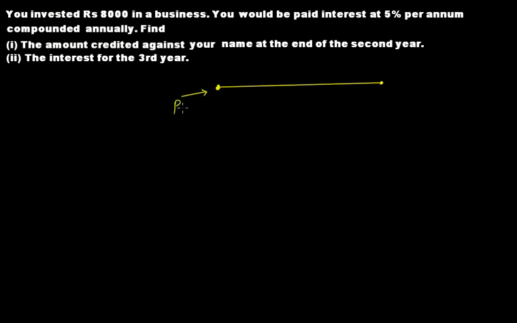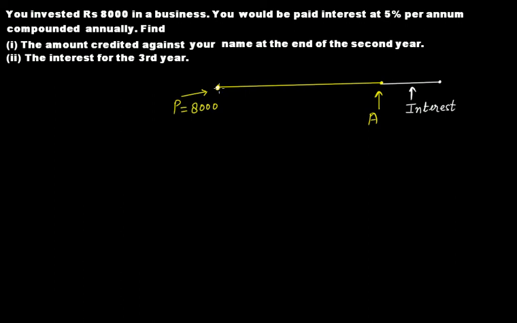So your P, that is principal, is 8,000. You invested today. After a period of 2 years, what will be the amount that you will get? And for the next 1 year, that is the third year, it's asking what interest you will get for this period. Only interest. So that's simple.